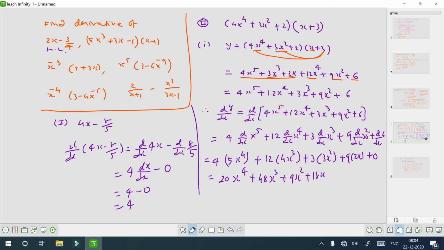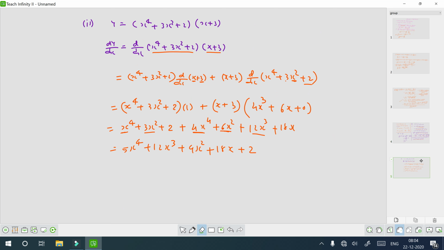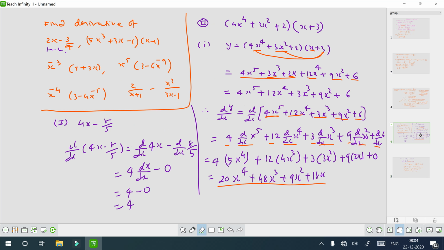So here we get 5x raised to 4 plus 12x cube, 9x square plus 6. So 4 into x raised to 5, 12 into x raised to 4, 3 into x cube, 9 into x square plus 6. Clear? Now write this sum: x cube, 4x raised to 4 plus 3x square plus 2.